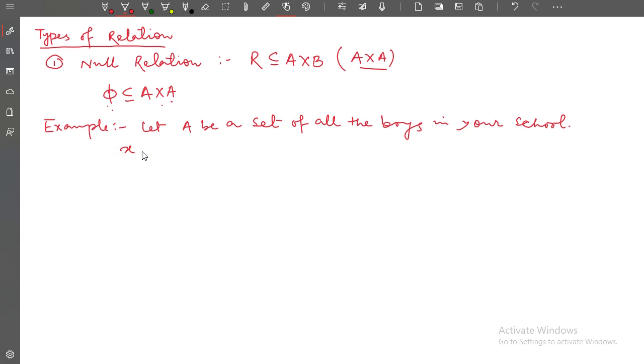Let x, y belong to A. We are defining R: xy belongs to R if and only if x is sister of y.